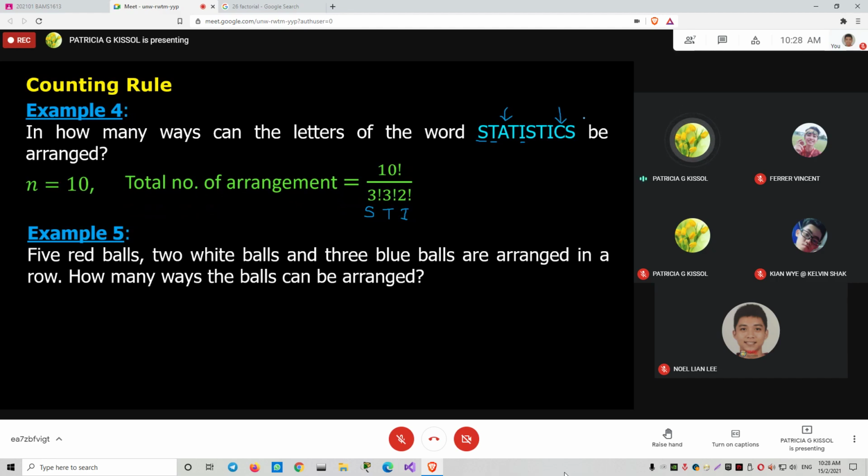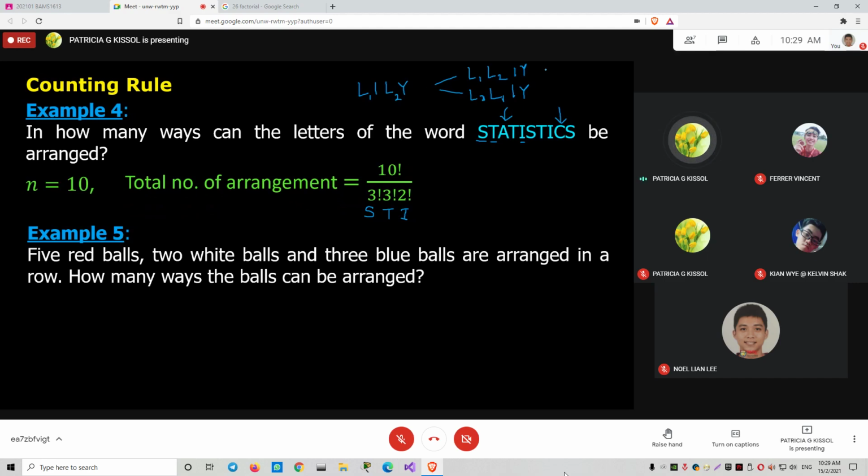the ones that are the same, because you see, let's say I take a very simple word, lily, for example, the flower lily. So if this is L number 1, this is L number 2, will it be different if I have L1, L2, I, Y, compared to L2, L1, I, and Y?